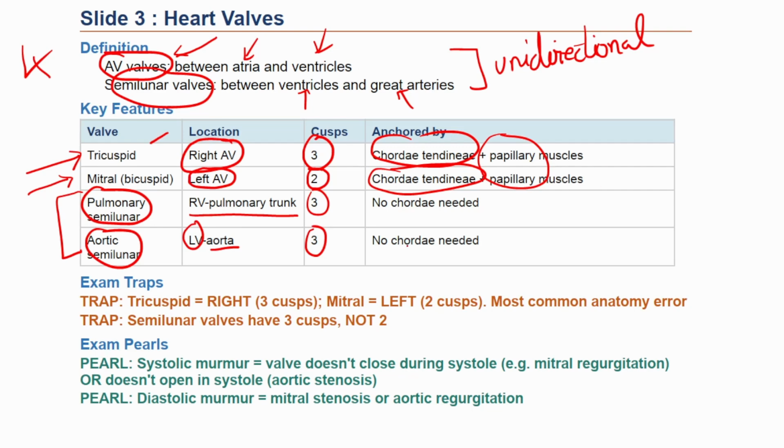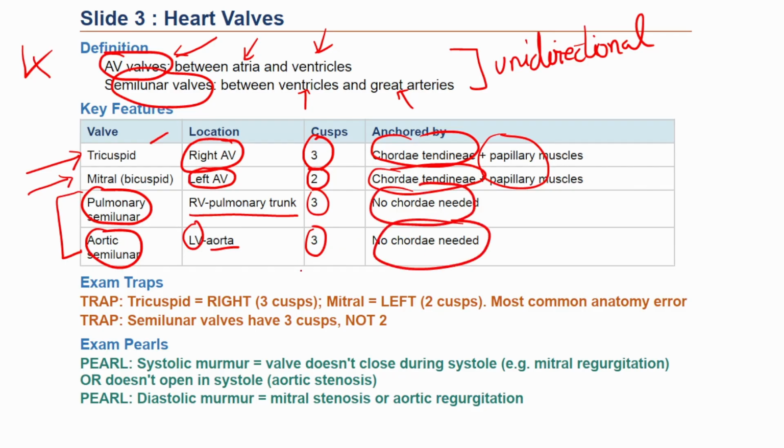During ventricular diastole, as ventricular pressure drops below arterial pressure, backflowing blood collects within the pocket-like cusps of the semilunar valves, forcing them closed without requiring any supporting cords or muscular anchors.